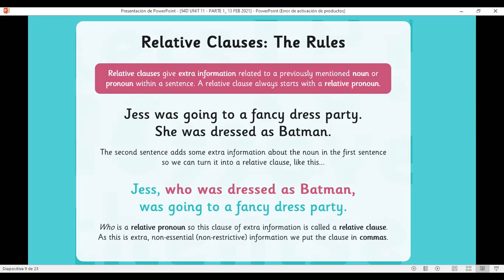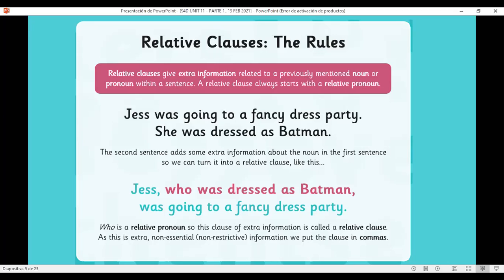What I mean with this, lo que quiere significar, es que básicamente estas relative clauses no son más que la unión de dos oraciones. Generalmente, pues en la segunda oración podemos explicar o añadir información adicional sobre la primera oración.